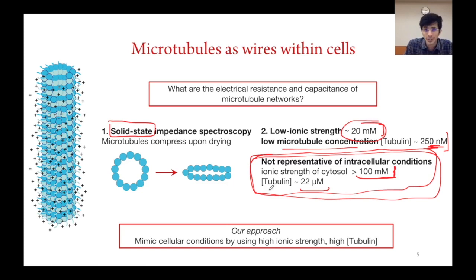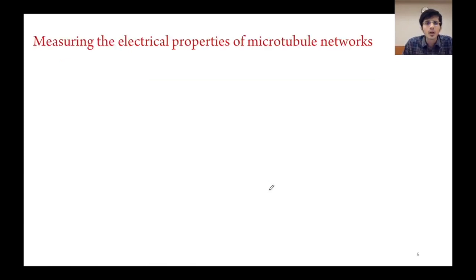That would mean microtubules are acting as anti-wires, the opposite of a wire. Does the electrical resistance of the solution reduce? Charges are transported more easily. If they are transported more easily, maybe they do actually act as wires for ionic transport. That was what we were starting off with, just a very simple idea.